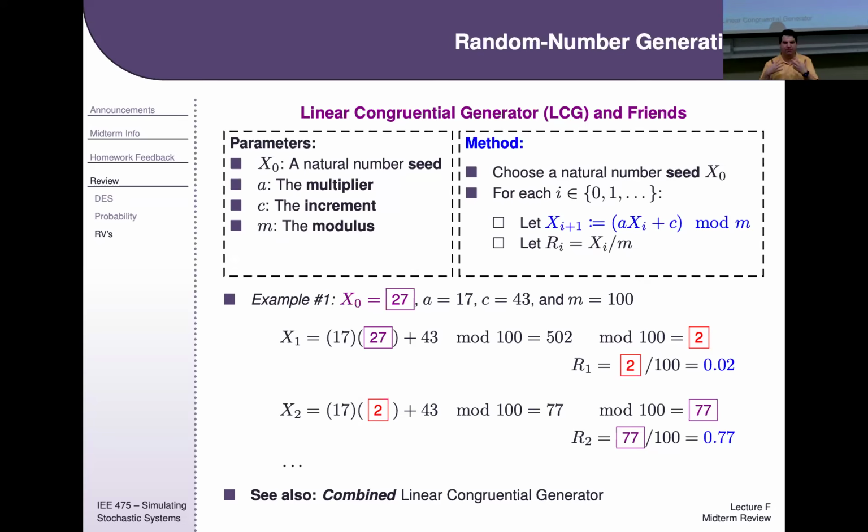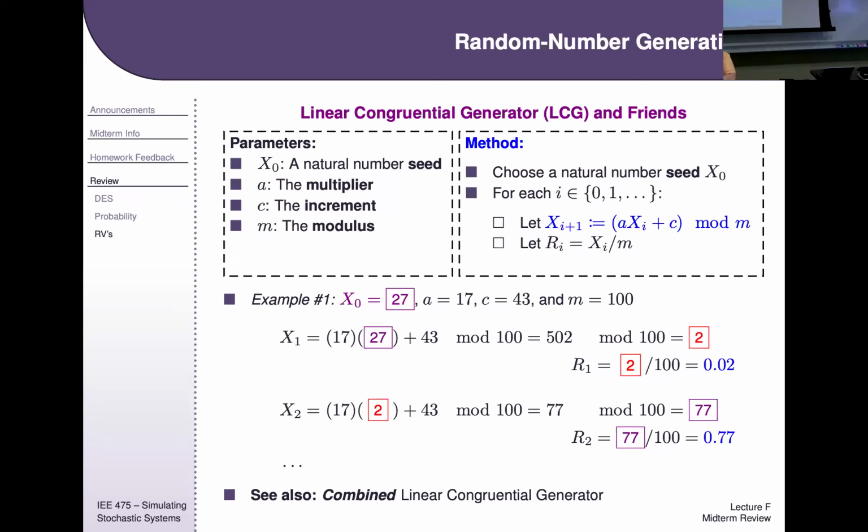But if I did that, it'd be primarily to test you on whether you know what an LCG does. So know how to do this. Know that your first seed does not generate the first number. It goes into the first expression that then pops out this X1 value, and that X1 value will generate that first number. And again, place value. 2 over 100 is 0.02, not 0.2. It happens a lot.